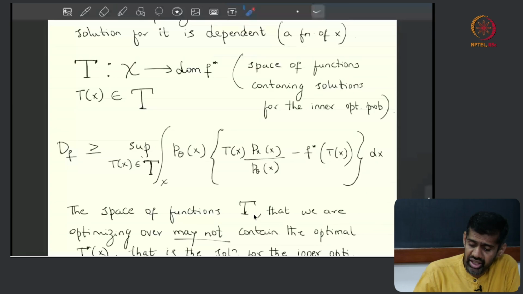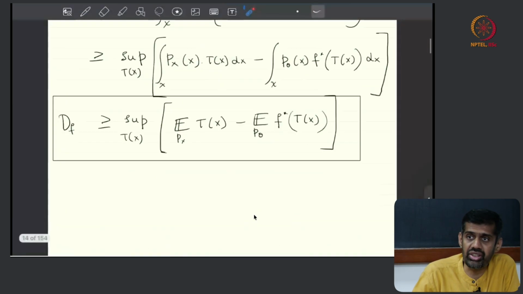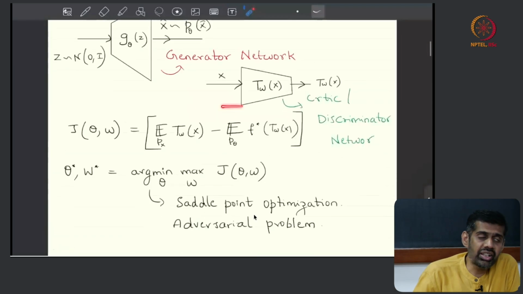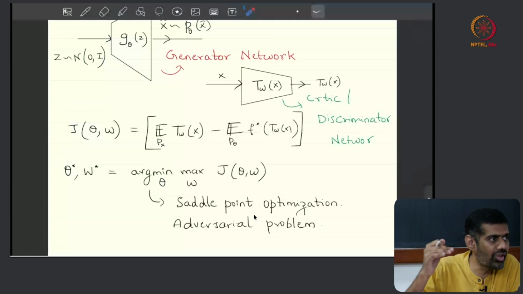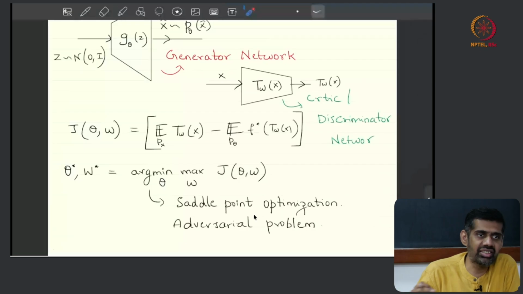The reason I mentioned that right now is that since we are approximating that t function using a neural network here, neural networks in theory are universal function approximators, but when you are looking at a particular architecture, with a finite number of parameters, then by construction it will not be a universal function approximator, and therefore the inequality that we have constructed over f-divergence becomes a bound, because this neural network is restricted in the sense that it cannot approximate all functions to arbitrary closeness.